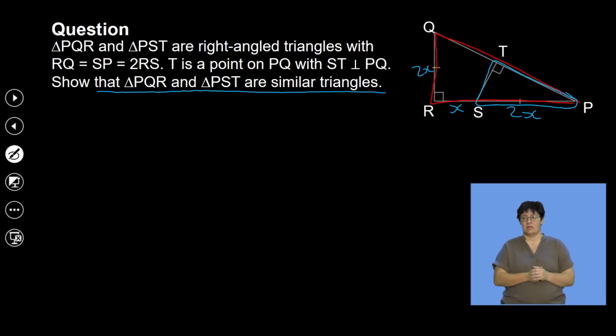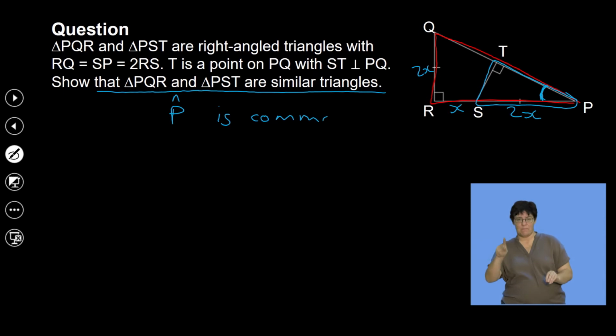You see, already after highlighting them, I can see that P will be my common angle, right? So I will immediately say P is common, because both of them have P. And then you can see that I have a 90-degree angle there. I also have a 90-degree angle in the red triangle.